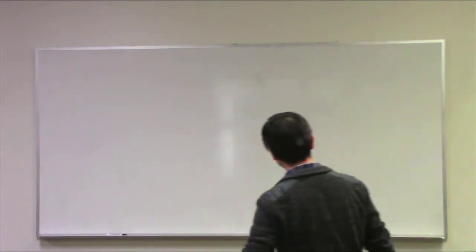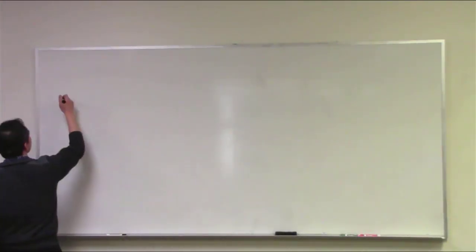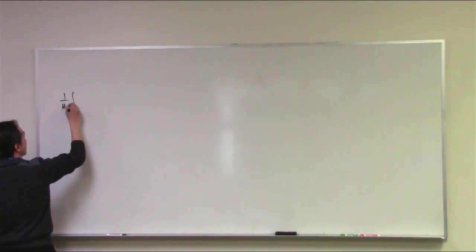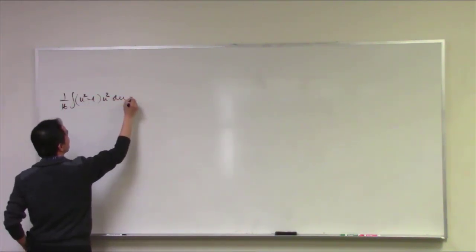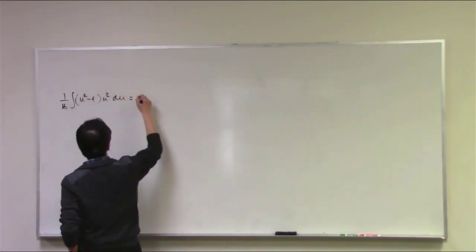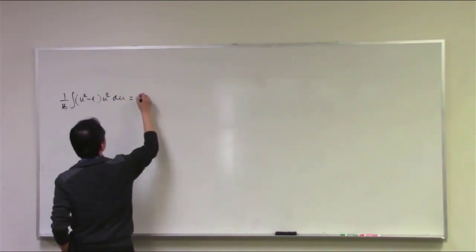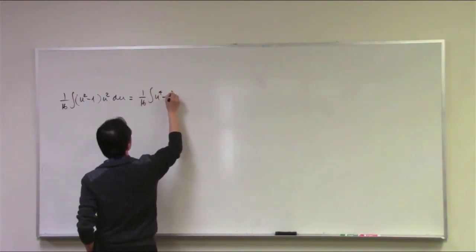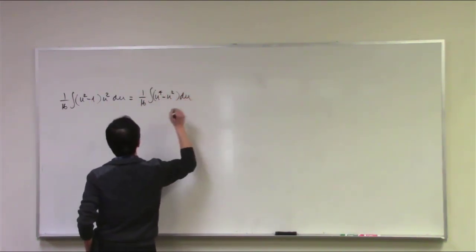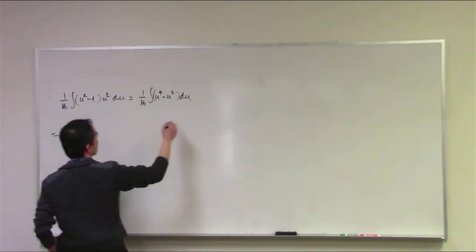So in the next step here, right, at that 1/16, the integral of u squared minus 1 times u squared du, we can just distribute that u squared here, making it 1/16 times the integral of u to the fourth minus u squared du, and this now is surprisingly simple, right?